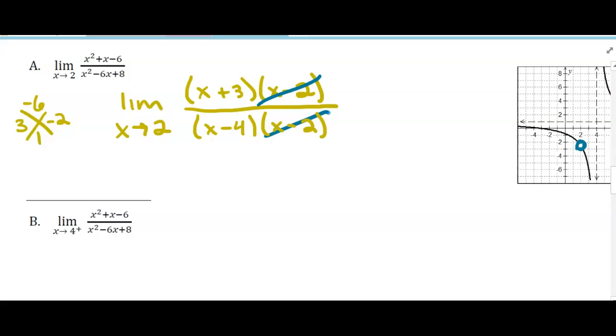So when I'm saying here, hey, a lot of times on AP, there's a reason that they're asking you about the limit as x approaches some value, usually because there's something fancy going on there. And in this case, we know that at x equals 2, there is a hole on this graph. When I have these factors canceling out, I'm going to go back to direct substitution.